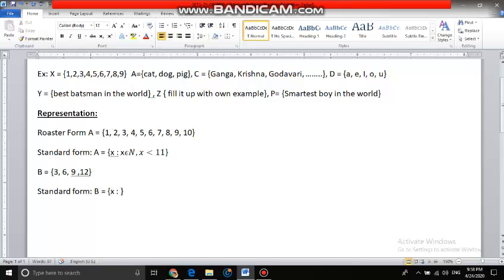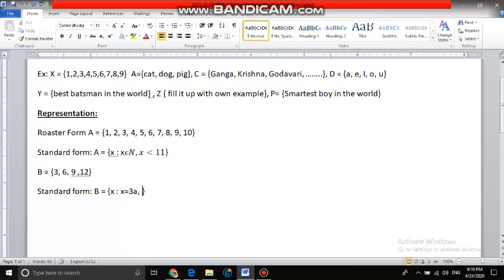x equals, if I look into the numbers in the set B, these are all the multiples of 3: 3, 3 twos are 6, 3 threes are 9, 3 fours are 12. So x is a multiple of 3. So x equals 3a.